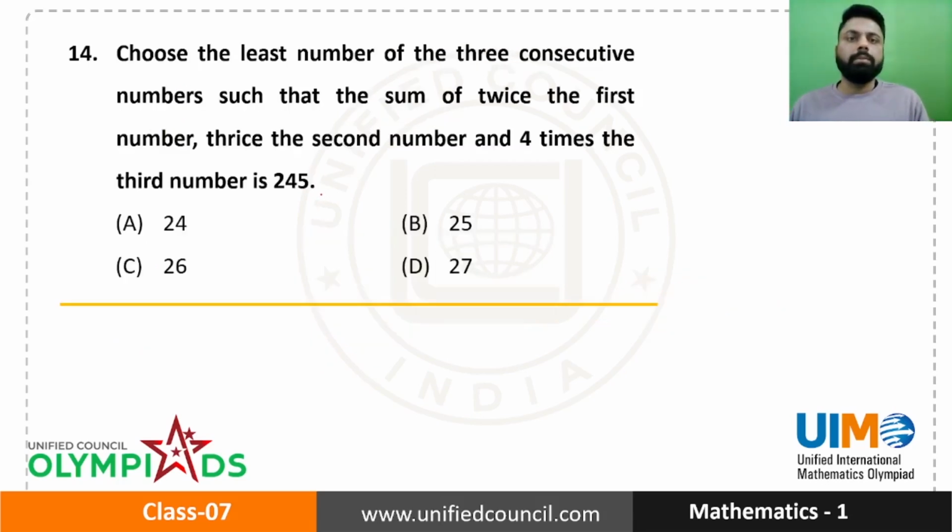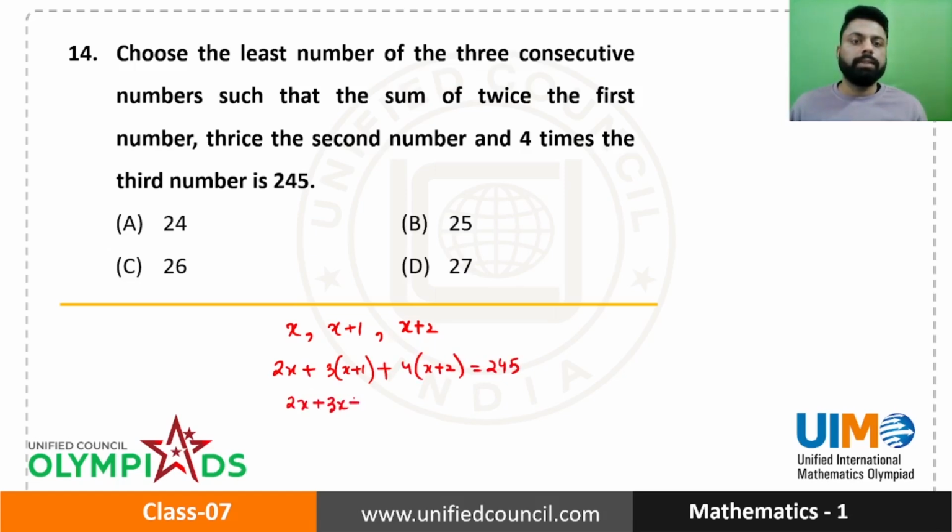Choose the least number of the 3 consecutive numbers, so the numbers are x, x plus 1, x plus 2, such that twice the first number, thrice the second number and 4 times the third number, their sum is equal to 245.